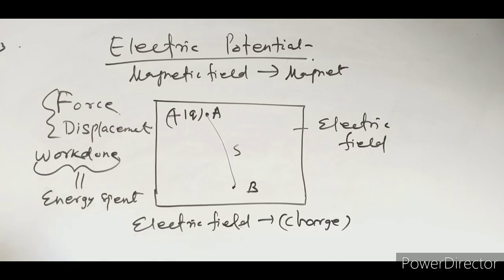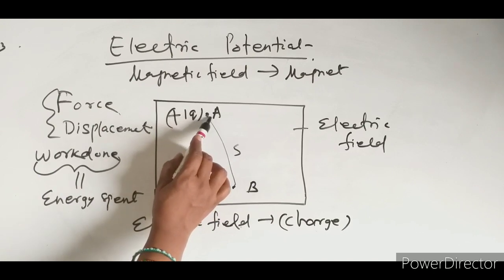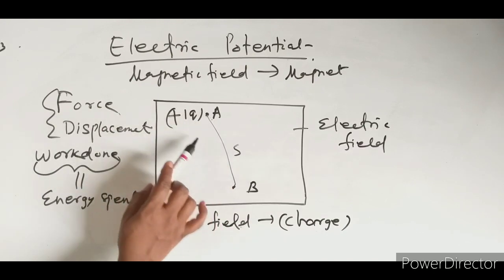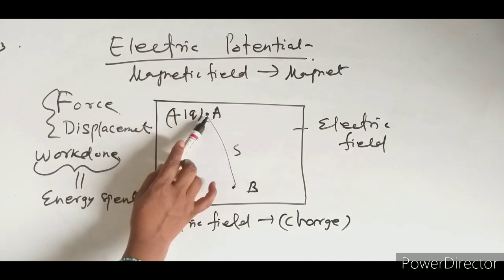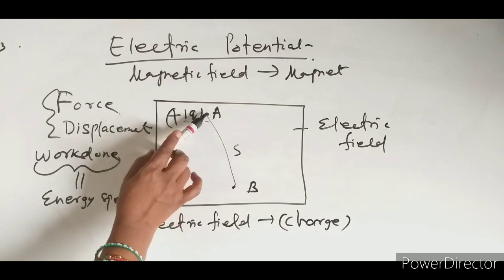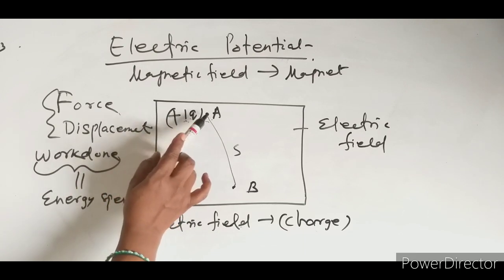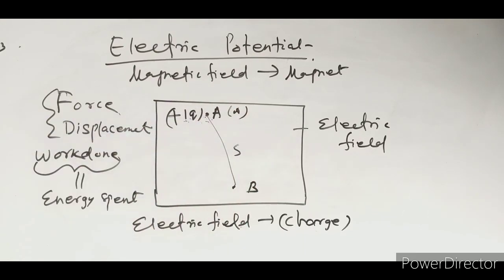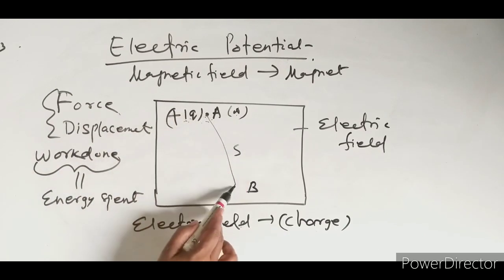Now let us go for the definition of electric potential. Potential at a point can be defined as the amount of work done per unit charge, the amount of work done in bringing the unit positive charge from infinity to a particular point.